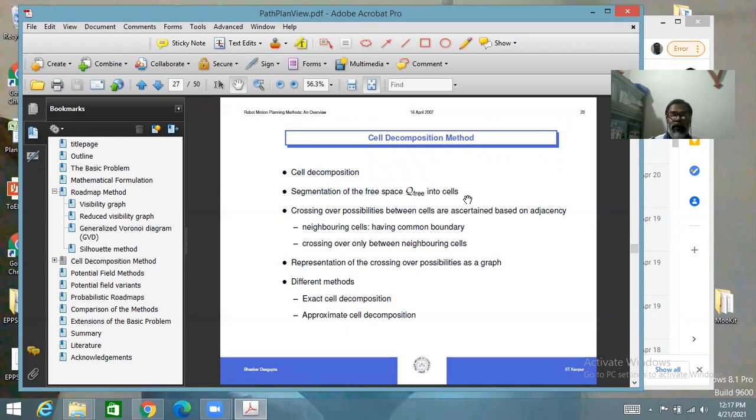And if it is possible to cross over from one cell to another through the common boundary because of adjacency, then those crossing over possibilities need to be noted. Here, rather than points, these big regions, these cells will become the nodes of the graph, and the crossing over possibility, that is adjacency, will give you the edges.